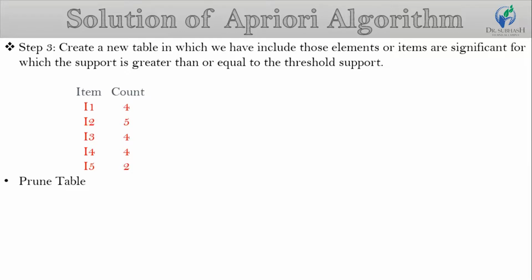Only I1, I2, I3 and I4 meet the minimum support count, and we include those items in the table and apply step 4 on that table. So our final table has items I1, I2, I3 and I4, and their counts are 4, 5, 4, 4.